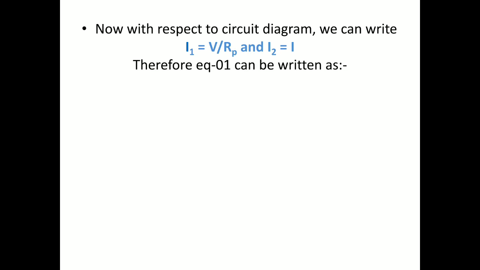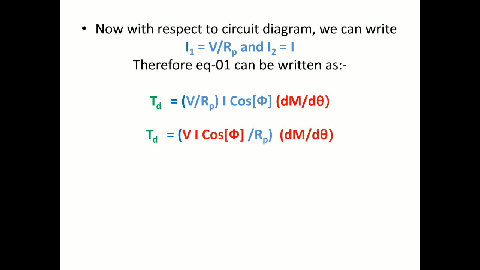So we can write equation 1 as TD equals, instead of I1, V by Rp multiplied by I multiplied by cos phi multiplied by dM by d theta. Now if you make some rearrangement, we can write the expression of TD as capital P divided by Rp into dM by d theta.